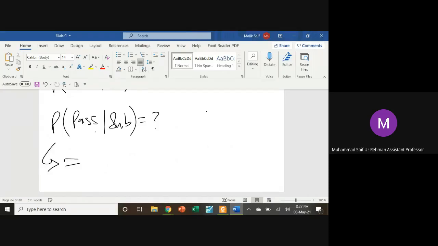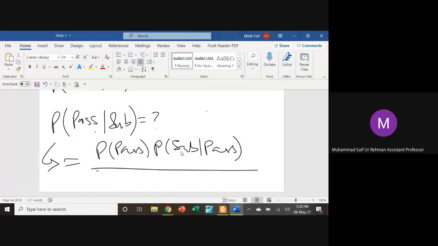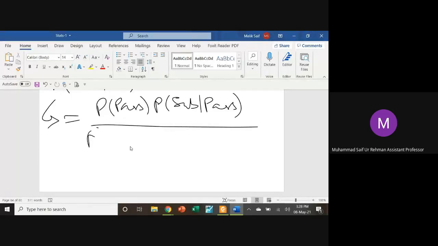So this will equal the probability of, first of all, write down pass, multiplied with summation, and now given that pass. Write down the formula in this way. Then in the denominator, repeat the term that you have written in the numerator, pass multiplied by summation given pass.